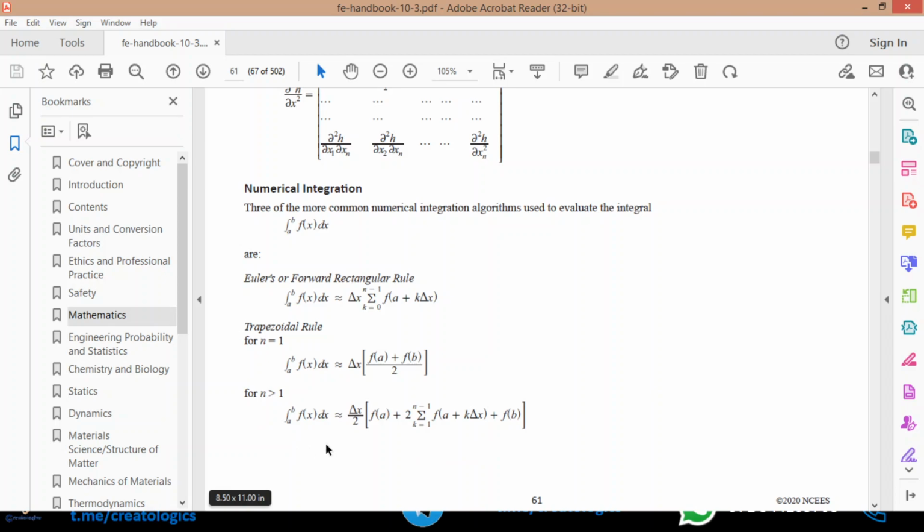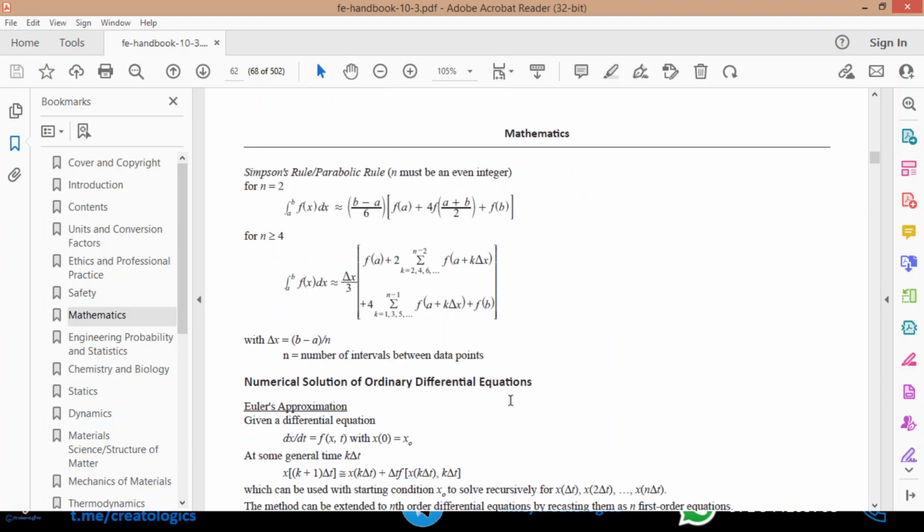It says if you have the integral from a to b of f(x) dx, that is the same as the change in value divided by 2 times, you have to remember this expression and it is very easy: the value of the function at the first point and at the last point, f(a) plus f(b), and in the middle you have 2 times the sum of all the mid values. So just use this in order to get your answer.